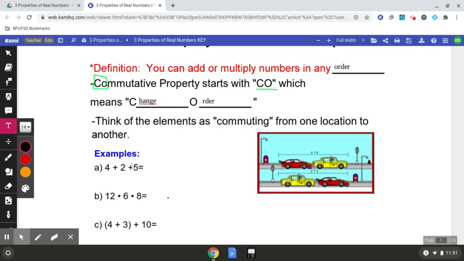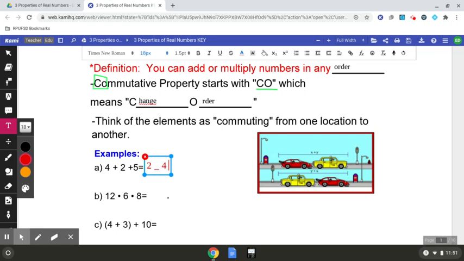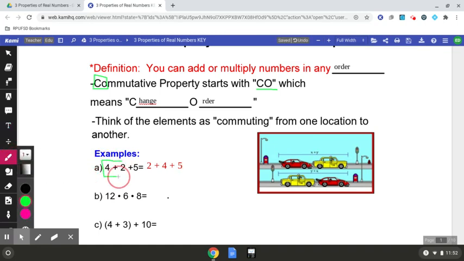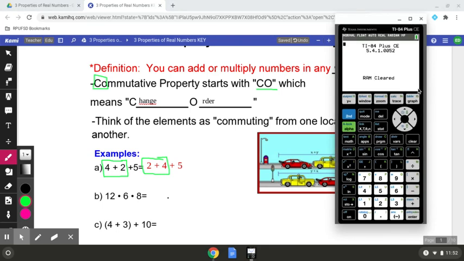So if we look at examples here, these deal with 3 terms. So we're going to change at least one of those terms. So 4 plus 2 plus 5. If I make this 2 plus 4 plus 5, I changed the order of the 2 and the 4. I switched them around. Now, if I was to take my calculator and put them both in, both sides, I should get the same answer.